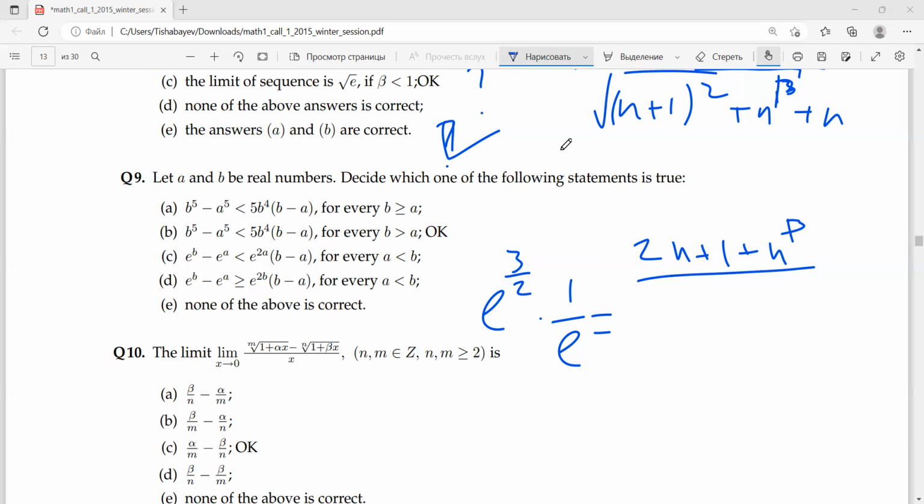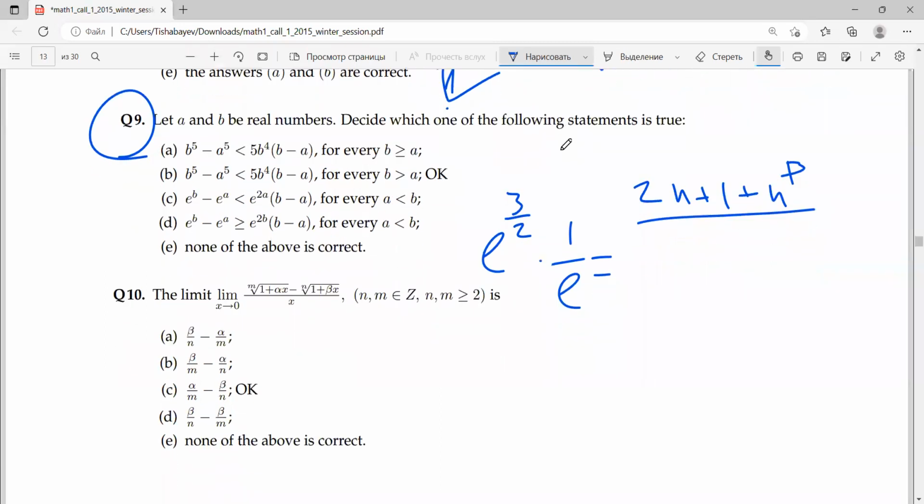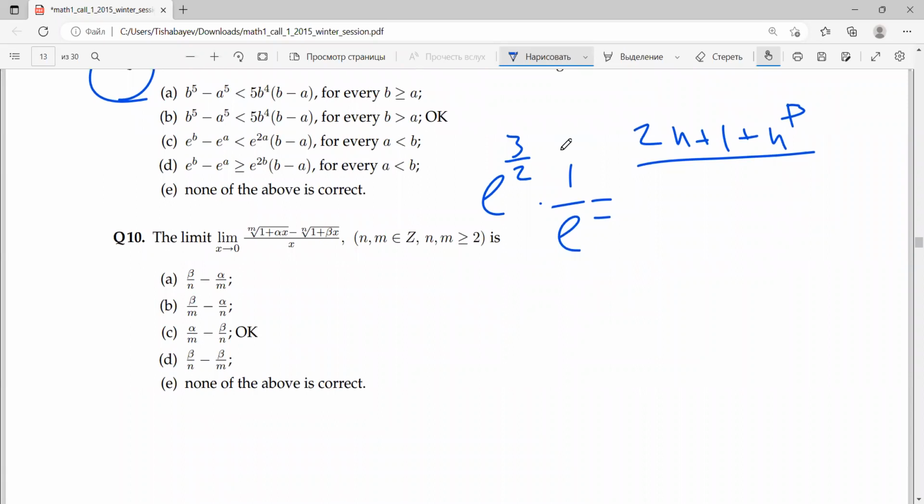I will send this solution, number 9, to the group. And number 10 here, the limit. How to find the limit now?